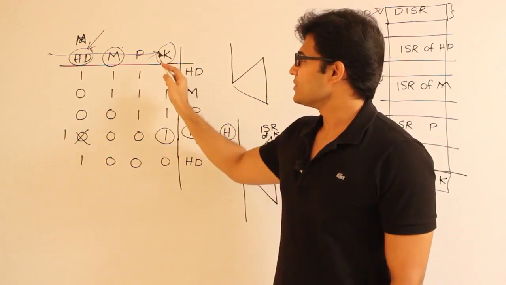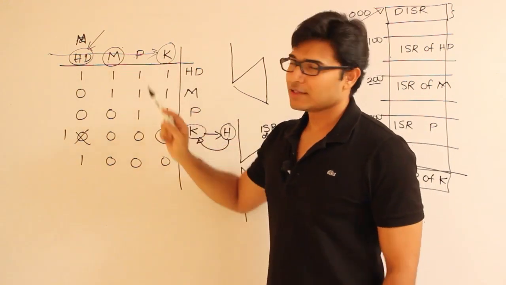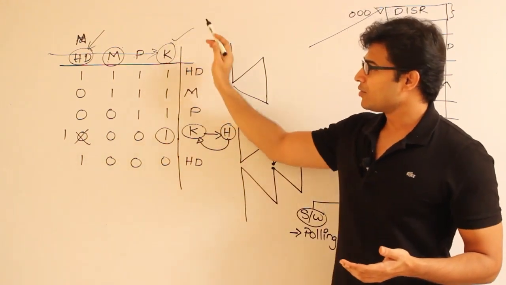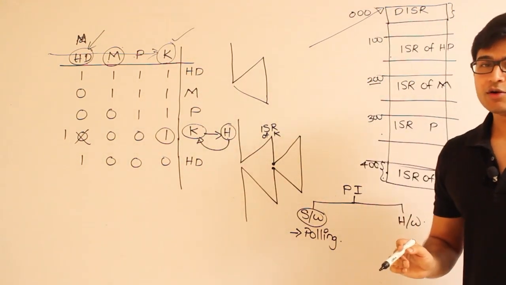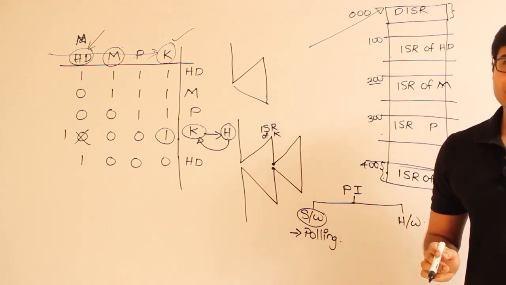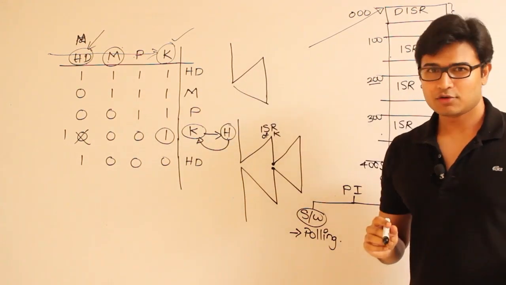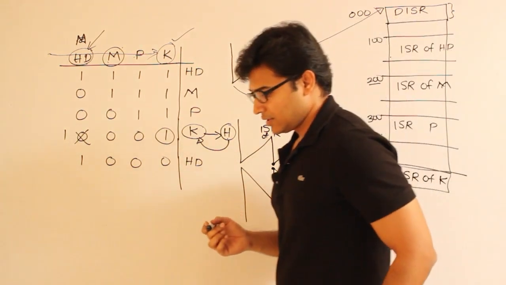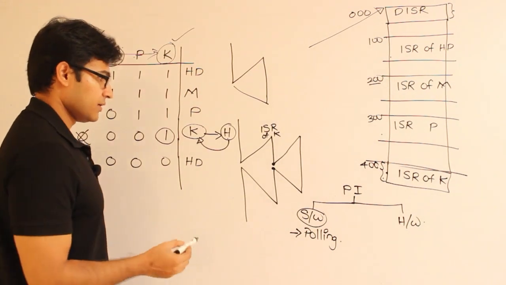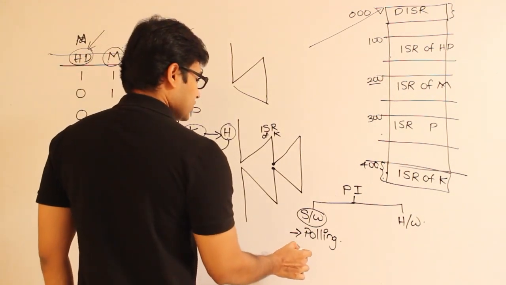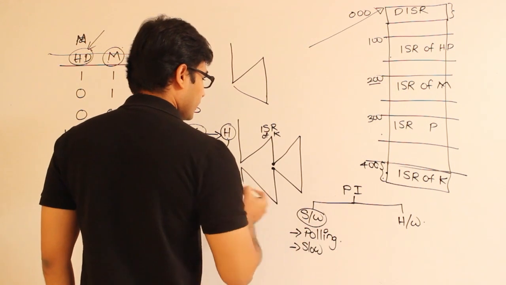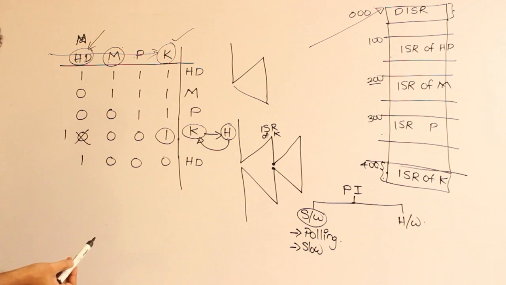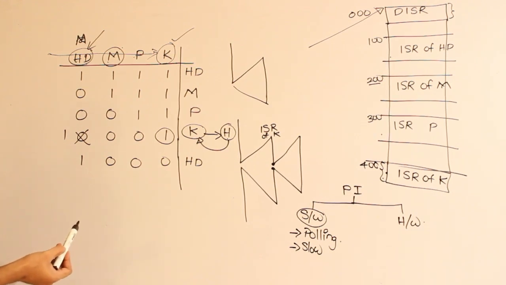In order to poll all these devices, we have to execute some instructions, and so the time taken to actually get down to executing the interrupt service routine of the keyboard is going to be very, very high, and that is a disadvantage. So the disadvantage of this software polling method is that it is slow. And why do you think we are using the polling method? Because we don't know which device has actually raised the interrupt.